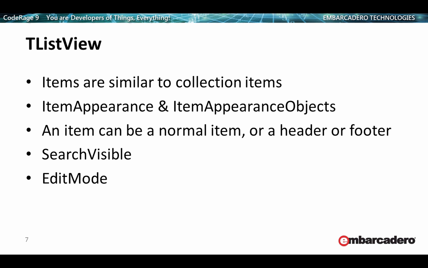Now, in order to control the display of these items in a list view, we have two main properties that we're going to look at. One is item appearance and item appearance objects. And together, these give us a lot of flexibility for determining or controlling what each item looks like when it gets displayed inside the list. Now, what I should point out is that this is for all of the items in the list.